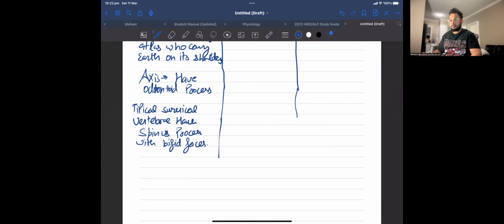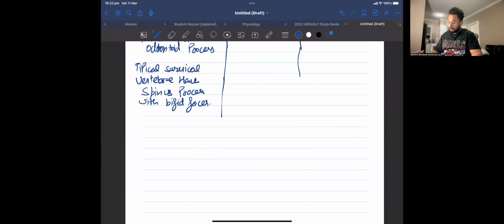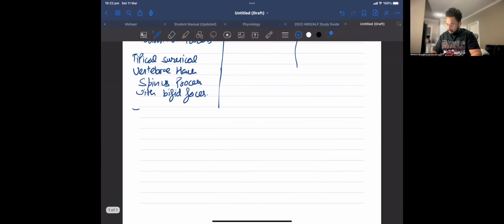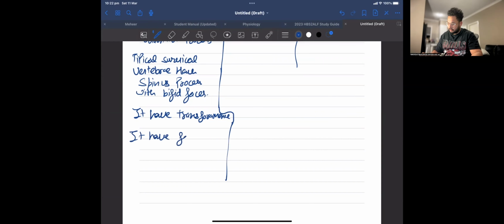All good. As I told you before, it has transverse foramina. It has transverse foramina. What else? It has facets in oblique form.